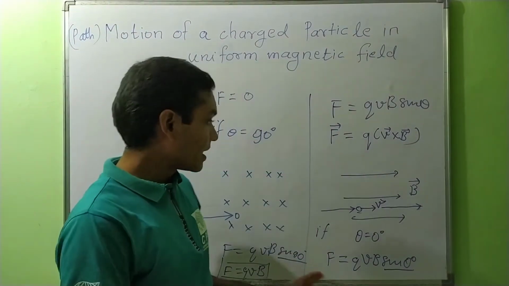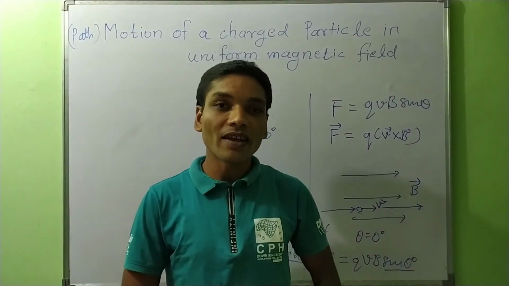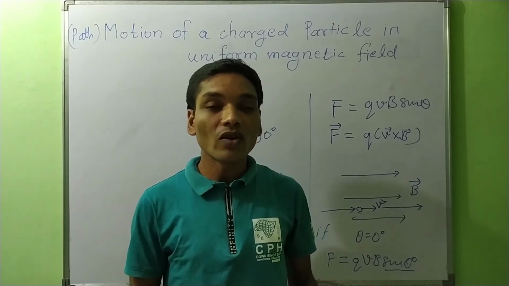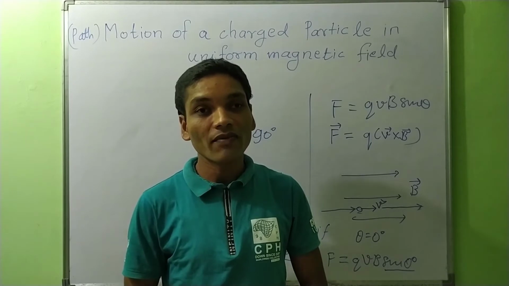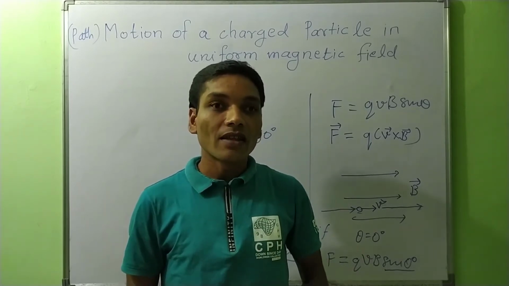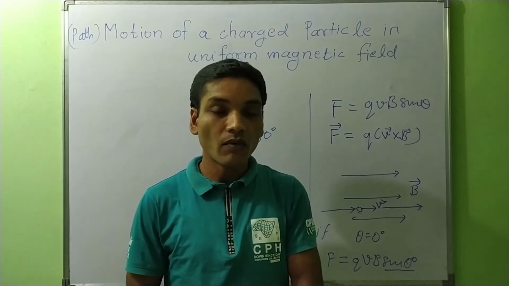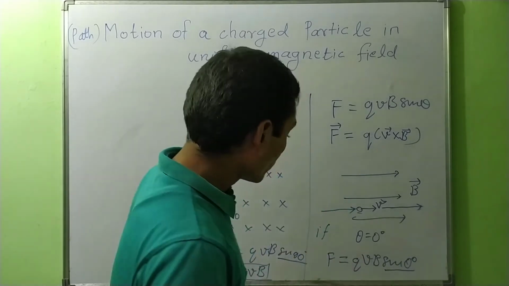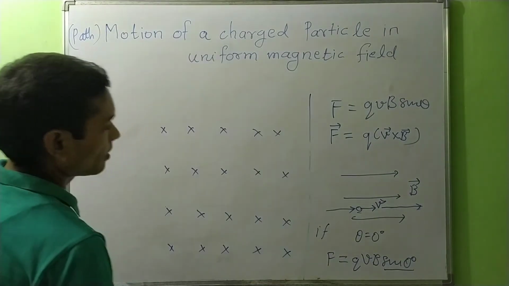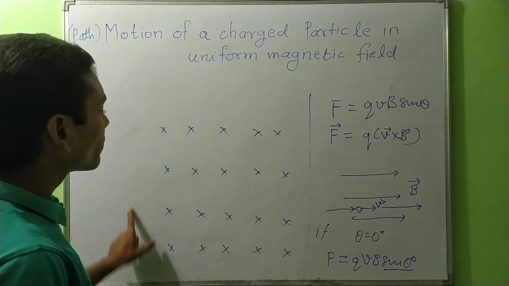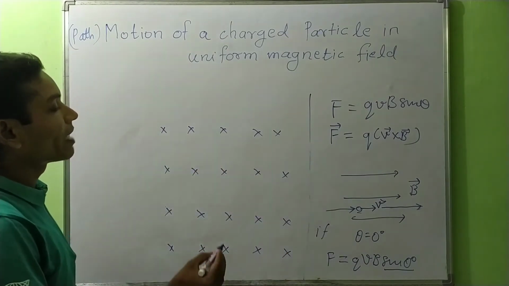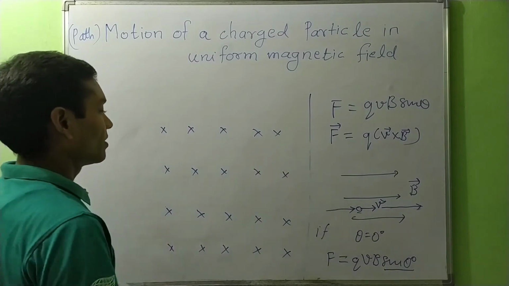It means when the charged particle enters the magnetic field perpendicular to the direction of the magnetic field, then the charged particle experiences a maximum magnetic force, and the magnitude of that magnetic force is QVB. Let this be the uniform magnetic field, and the direction of the uniform magnetic field is inward.